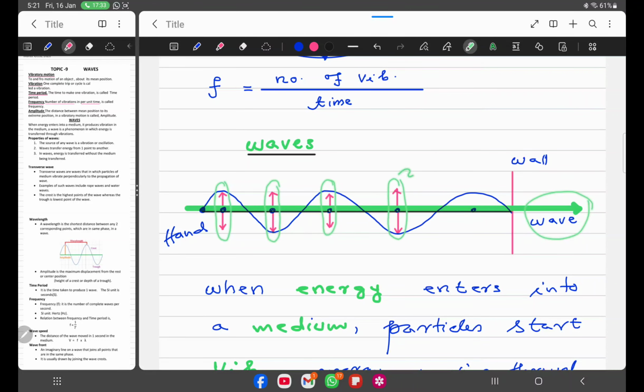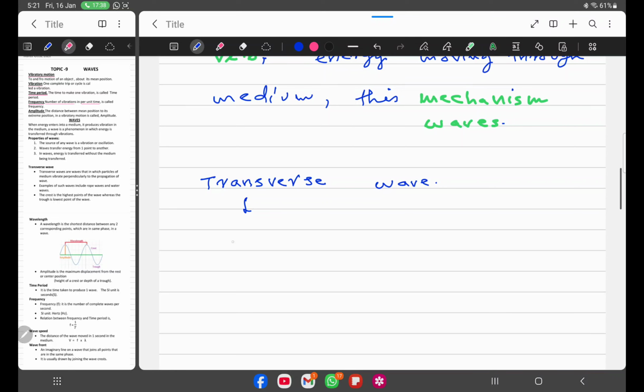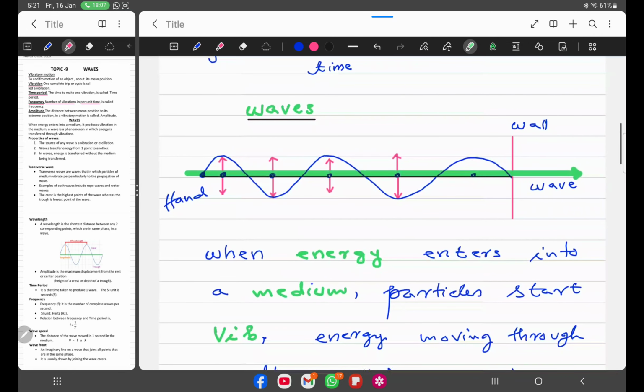When particles are vibrating vertically, it means particles are vibrating perpendicular to the wave motion. So whenever particles are vibrating perpendicular to the wave motion, this kind of wave is called a transverse wave.